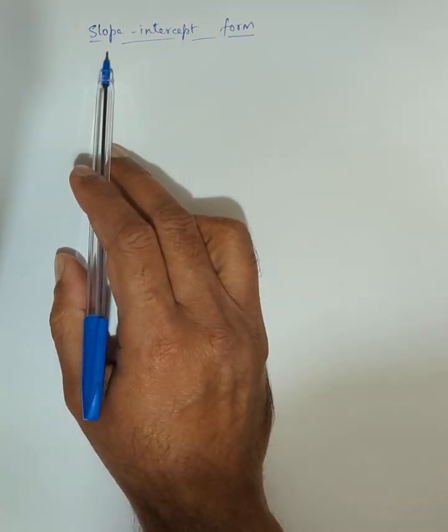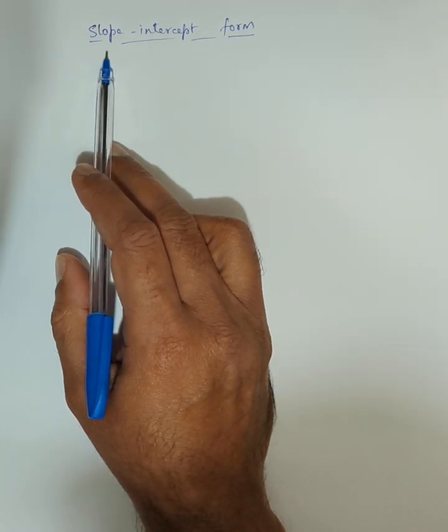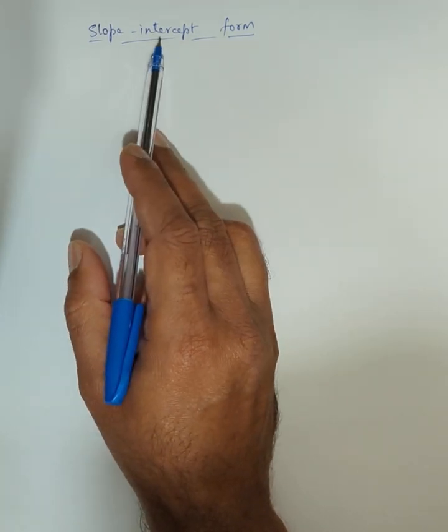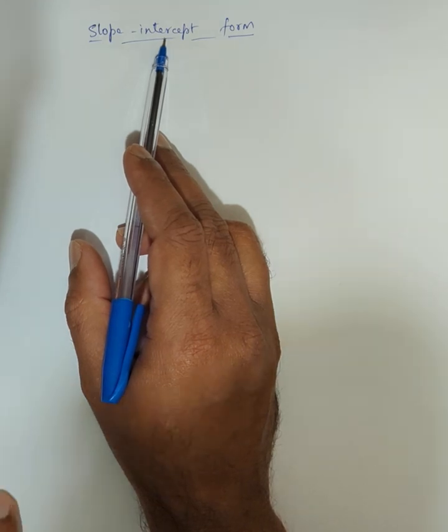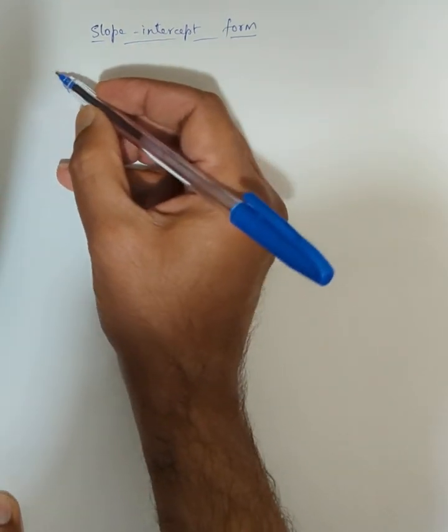And usually you will be provided with the information about slope, and intercept here means y-intercept. So you'll be given a problem that might look like this.